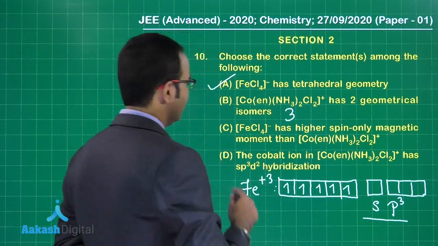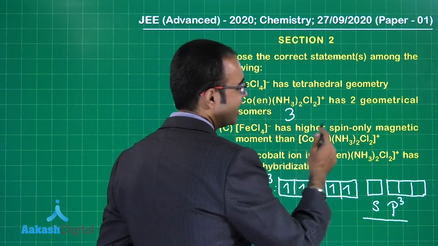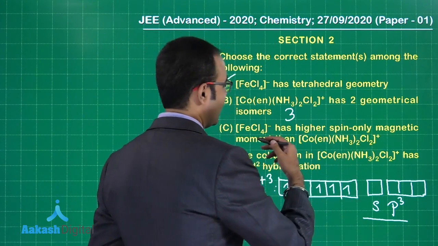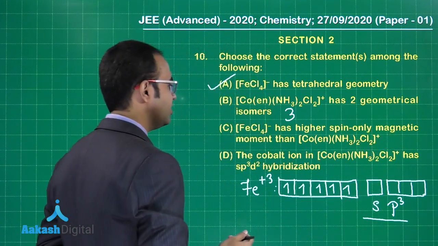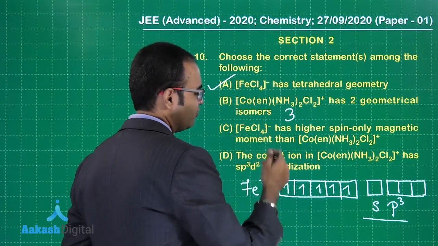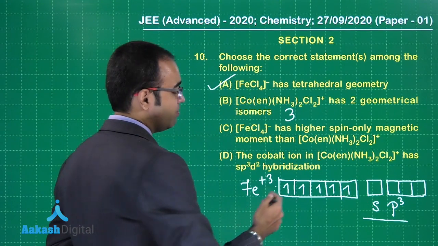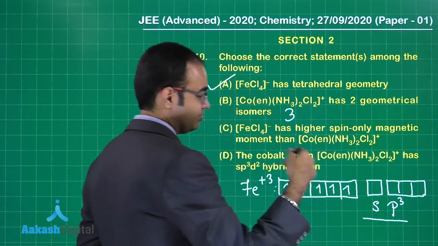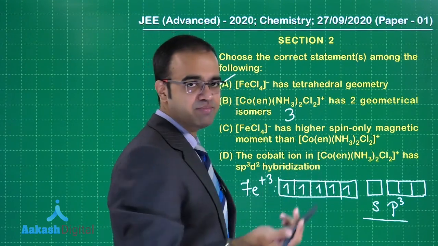Okay. Third option, FeCl4 minus has higher spin only magnetic moment than [Co(en)(NH3)2Cl2]+. If I look at FeCl4, it has 5 unpaired electrons. So the magnetic moment will depend upon the number of unpaired electrons, that is square root of 5 plus 2.